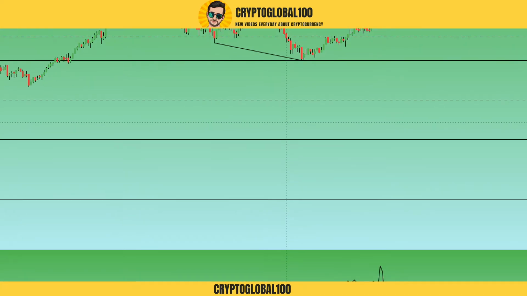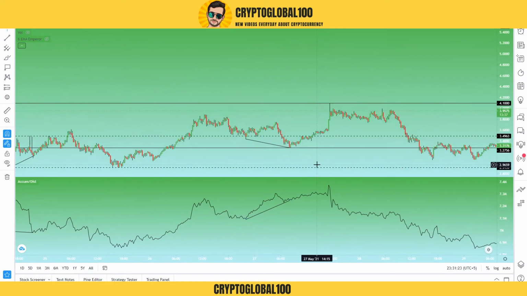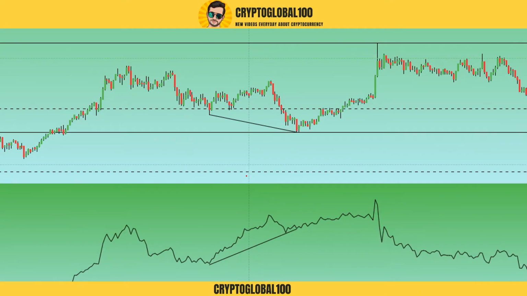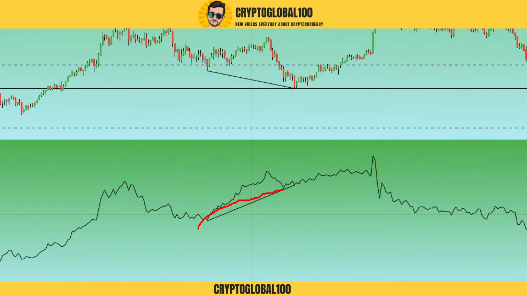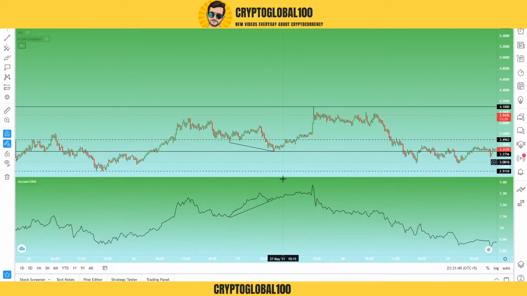For example, let me bring down the chart here. Just take a look at here, guys. You see the price was moving down, but this indicator shows the upward move, that a lot of accumulation is going on at this zone, you see. And what happened after that?